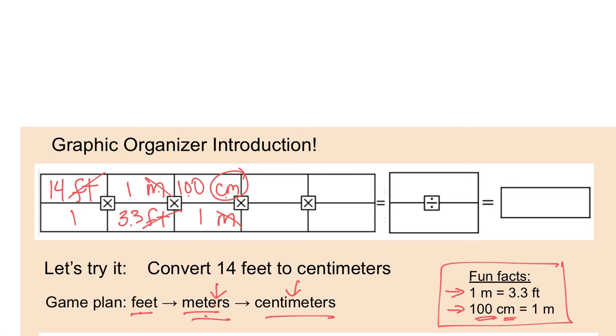That's the setup, and now we just multiply. 14 times 1 times 100 is 1400, and there's still a centimeter, so I'm going to put that here. Then 1 times 3.3 times 1 is 3.3. So that is a number, and it's 424 centimeters. Okay, cool.